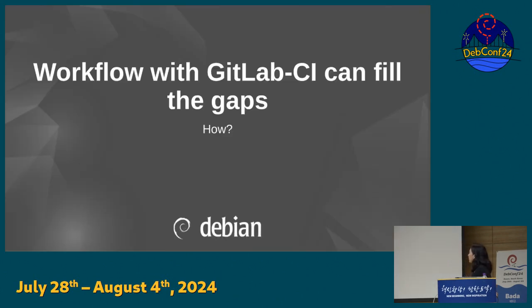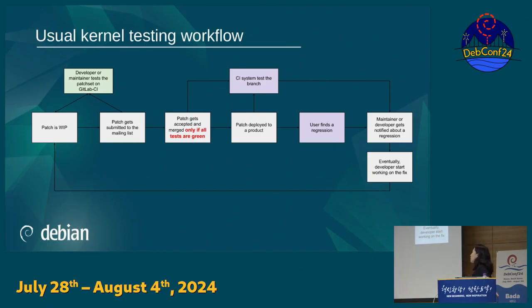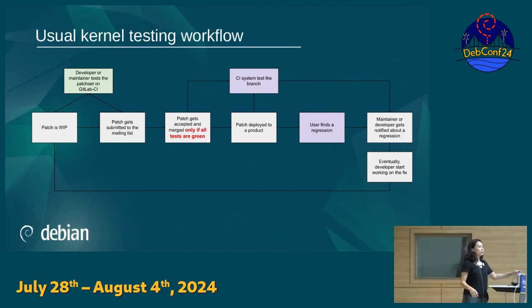So what I'm saying is that a workflow with GitLab-CI can fill these gaps. So let's understand a bit how. This is the same workflow that we just saw with two small differences.